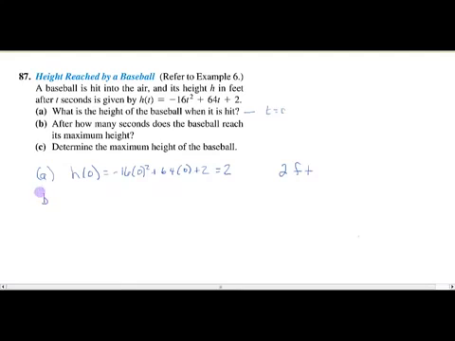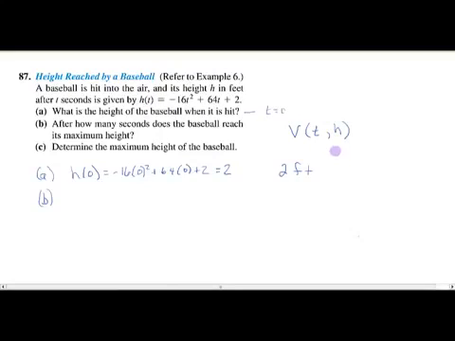After how many seconds does the baseball reach its maximum height? So whenever we're asked for something that says maximum or minimum, it's asking about something from the vertex. So what we need to do here is identify the vertex. Now the vertex is going to be not an x, y type of thing here, or h, k. It's going to be here, my x is the t, and then the y is going to be the h.